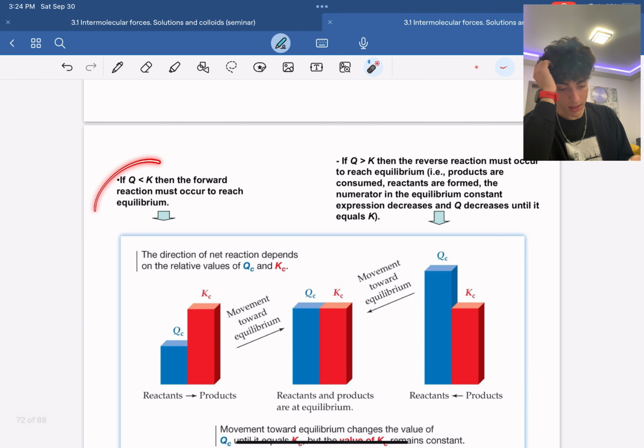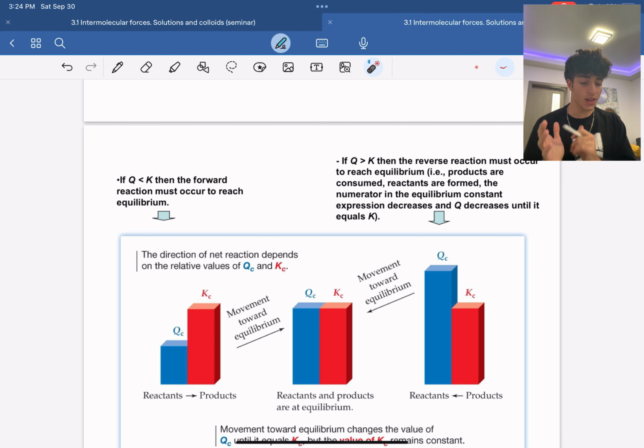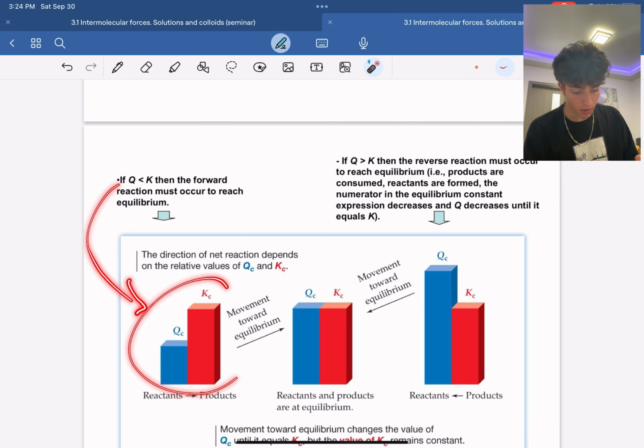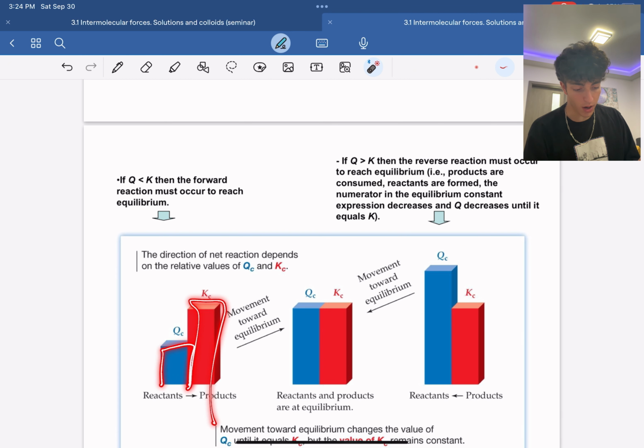So, if Q is smaller than K, you don't have enough products compared to reactants, therefore we go towards the right. When Q and K are equal, 1 to 1, they're perfectly at equilibrium. And if reactants are more than products, then we need to compensate by going in reverse. Why is that?